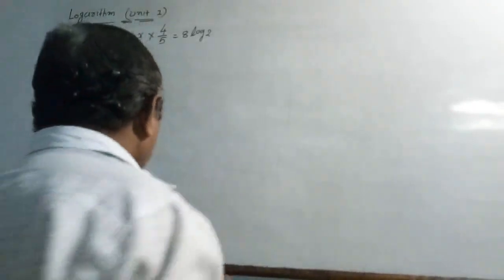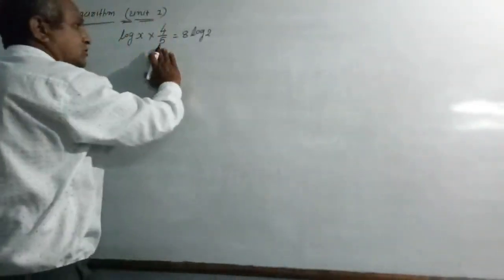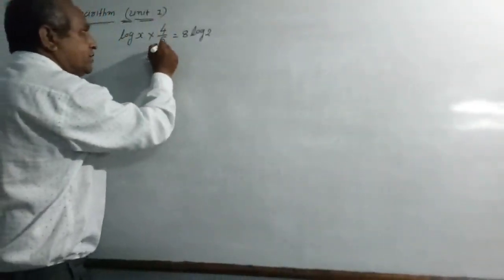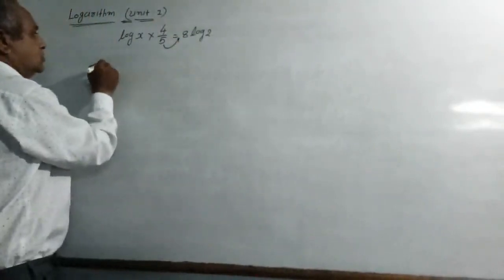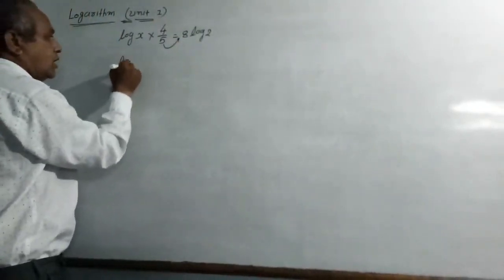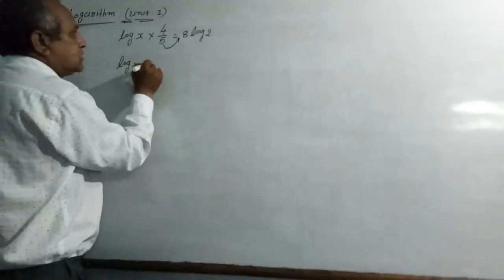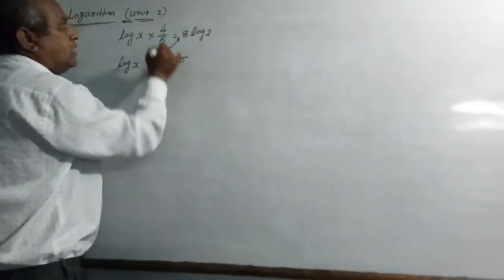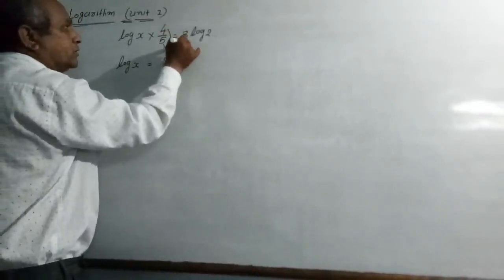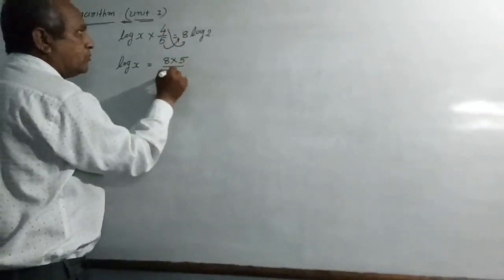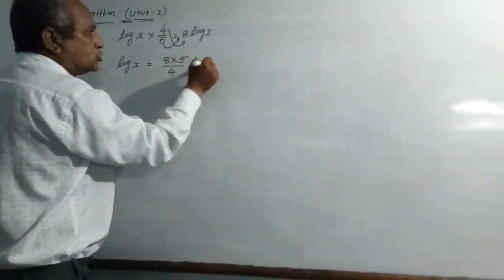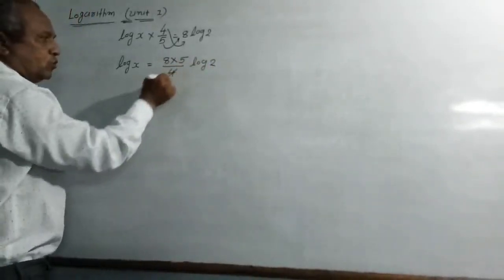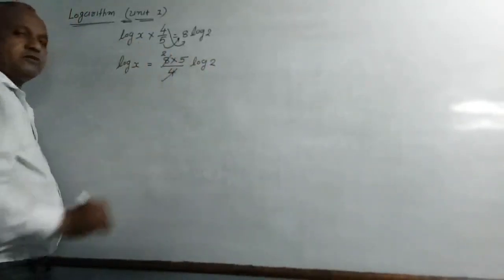Now here 5 is dividing, so on the other side it multiplies. So log x is equal to 8 multiplied by 5, and 4 is multiplying, so on the other side it divides by 4, log 2. 4 twos are 8.